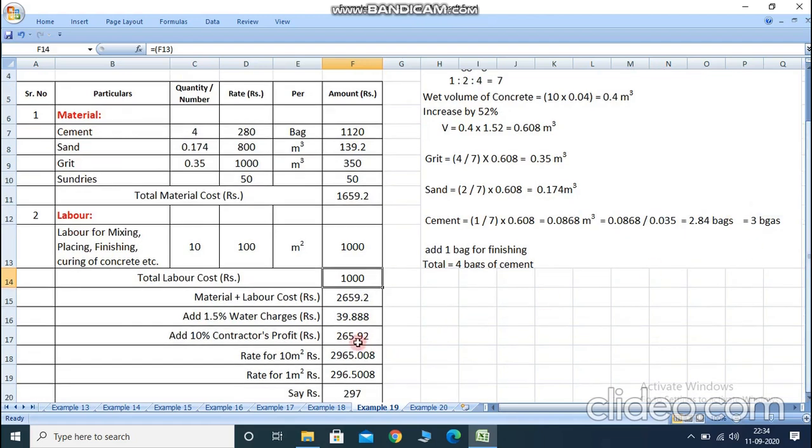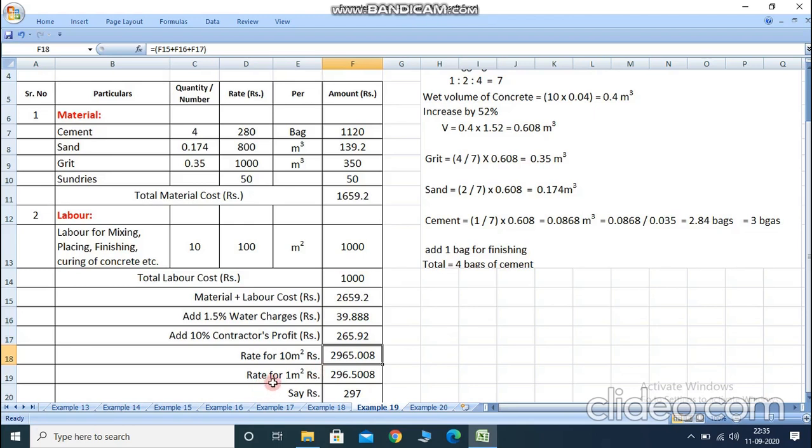So we got the answer 265.92 rupees. Now the rate for 10 meter square IPS work is the summation of the material cost plus labor cost, 2659.2, and 1.5% water charges equal to 39.88, and the contractor profit is 265.92. So the summation of all these three values, we got the final answer 2965.008.